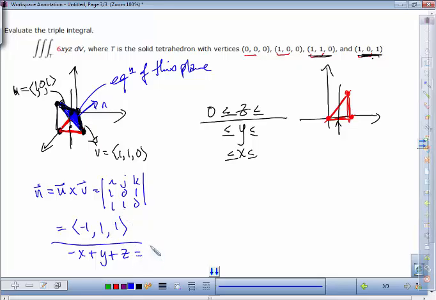And then for the d, I'm dotting my normal with any point that I have on the plane, if I look at this point as a vector. Now, I see that the 0, 0, 0 is on my plane, so that would be a nice candidate to use. So if I dot n with 0, 0, 0, then I'm just going to get 0 there, so that's easy.